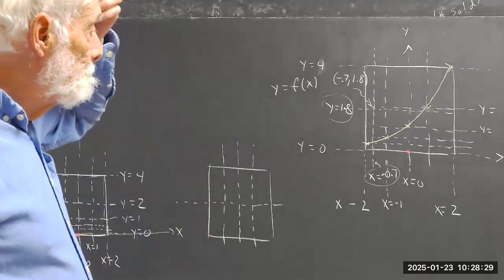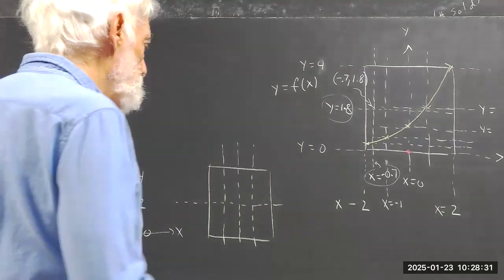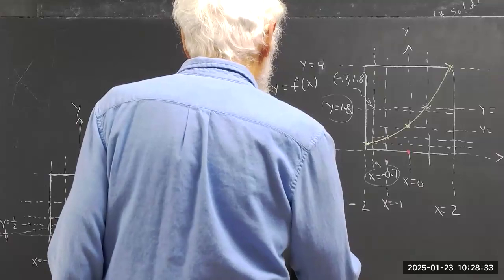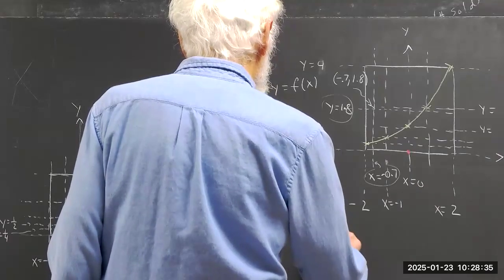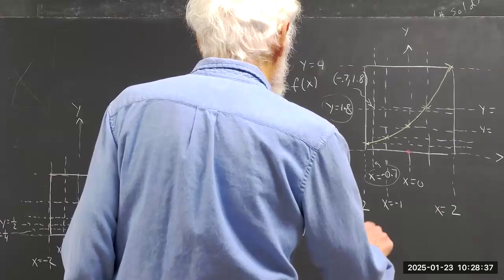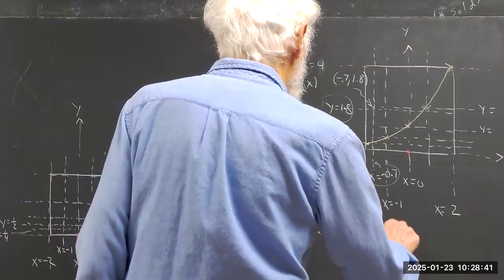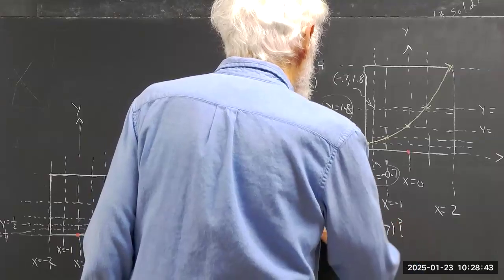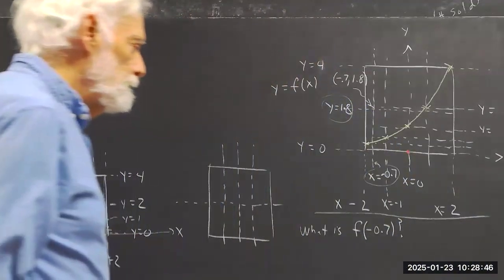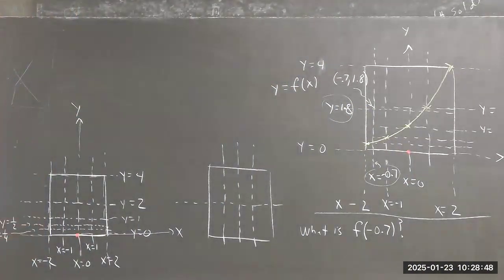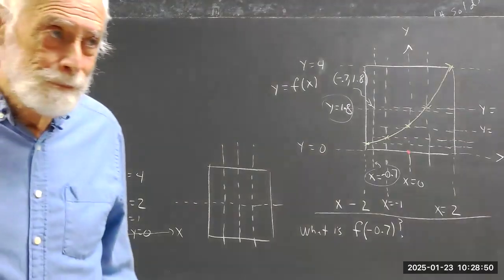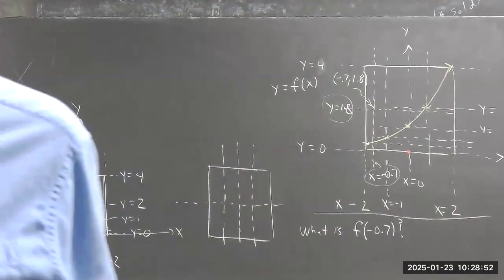Okay, now, my question is, what is the value of f of -0.7? Can you estimate that?